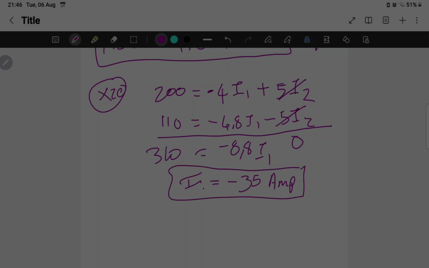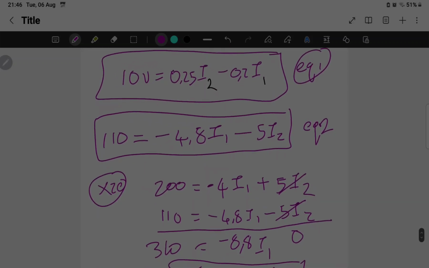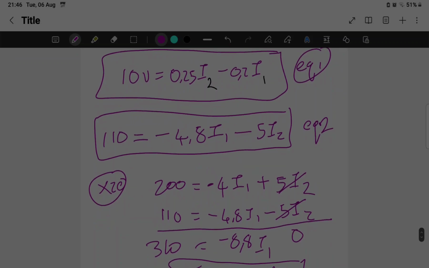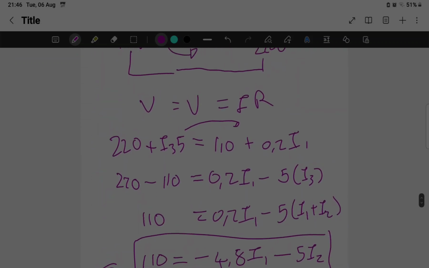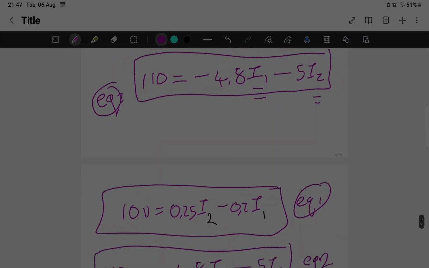So basically what that means is, if you have a negative, that means that your assumption is in the opposite direction. If you have a negative answer, that just means that the current that you assumed is actually flowing in the opposite direction.